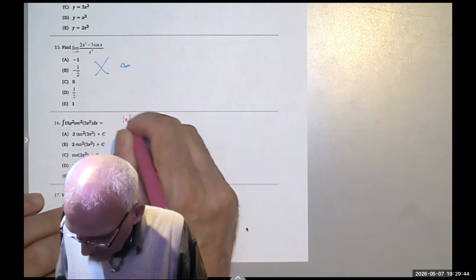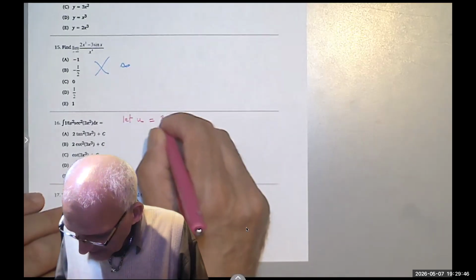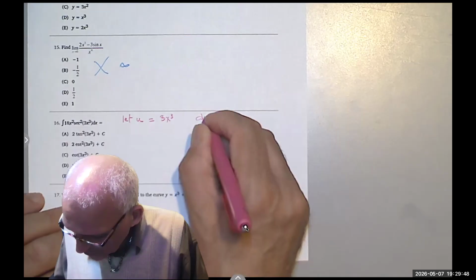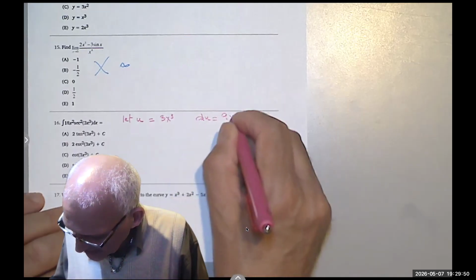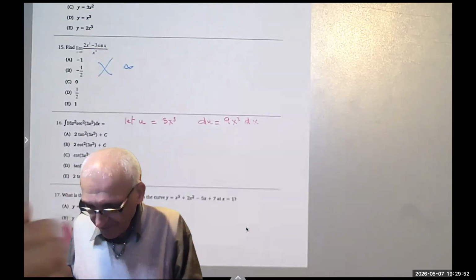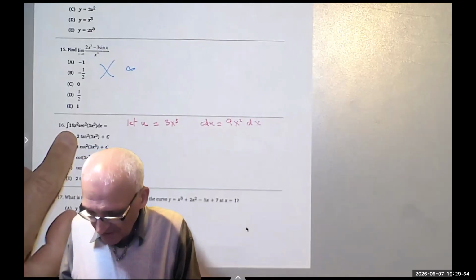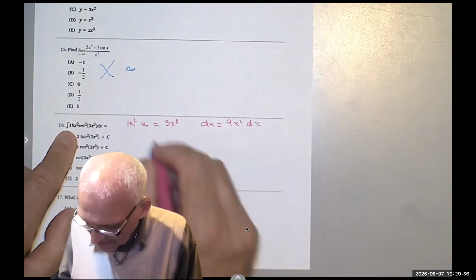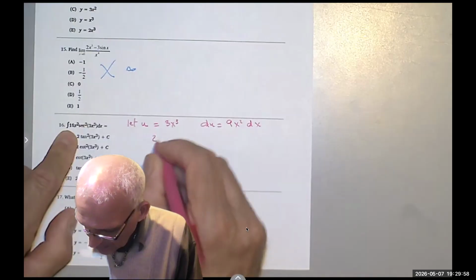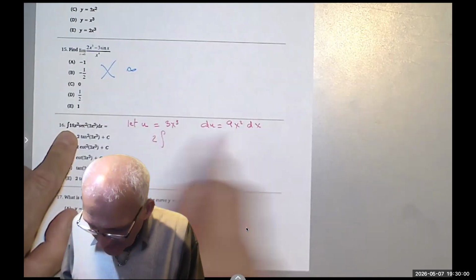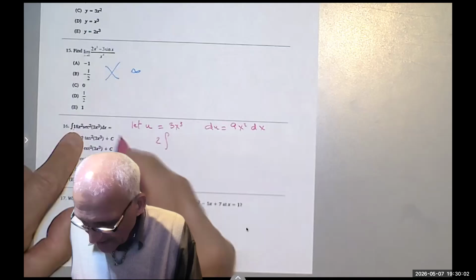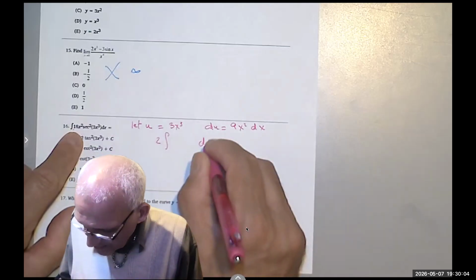You say let u equals 3x cubed, so du becomes 9x squared dx. I have 18x squared, so instead of 9, I have 2 times 9x squared dx, which is du.